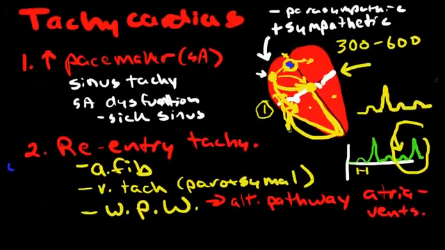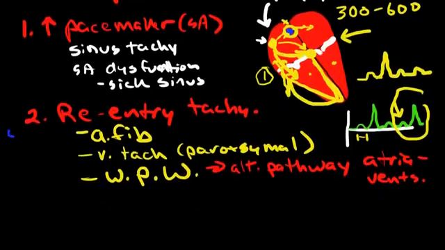Okay, so that's Wolff-Parkinson-White, and this can lead to premature atrial contractions every now and then, or it can lead to tachyarrhythmias if the ventricles are depolarizing the atria with every heartbeat. Okay, so that's reentry tachycardias.